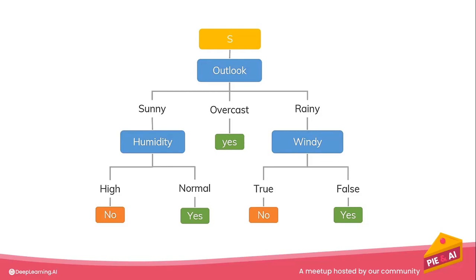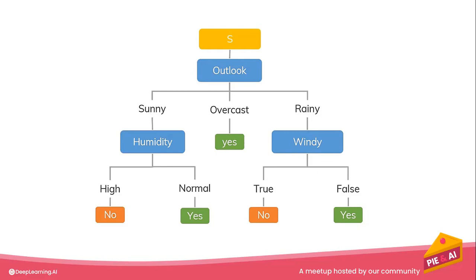That is how we are going to make our decisions. In our day-to-day lives as well, this is how we make our own decisions. It's not just restricted to the decision tree algorithm. Even if we want to go out and play, we will definitely see the weather, and this is how we judge whether it is suitable or not. A similar concept is applied to the decision tree algorithm.